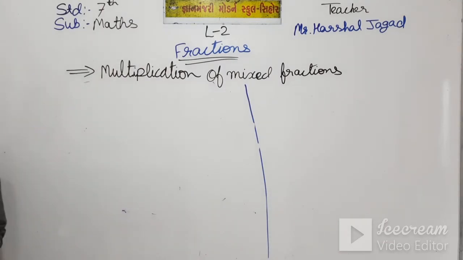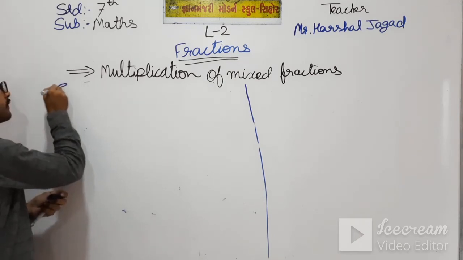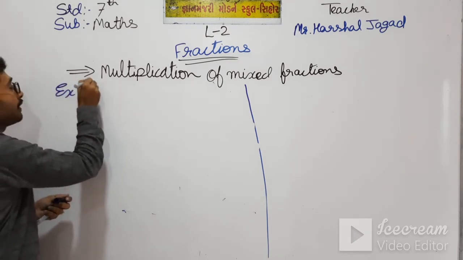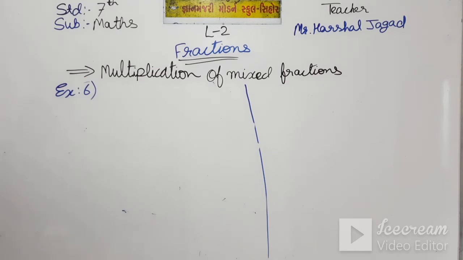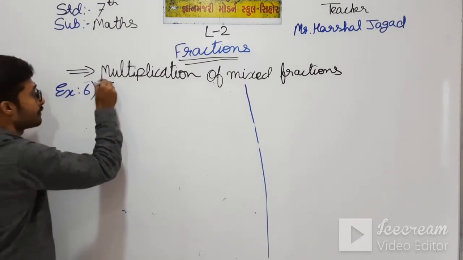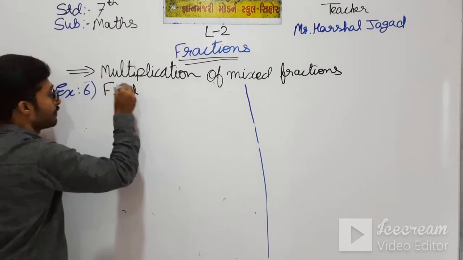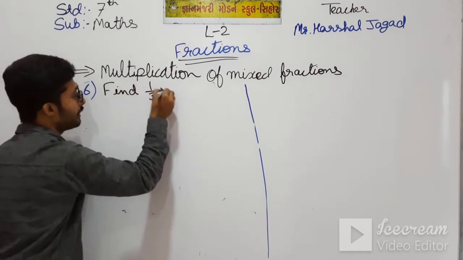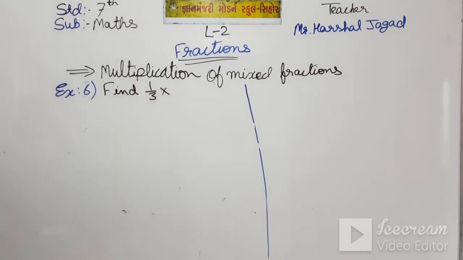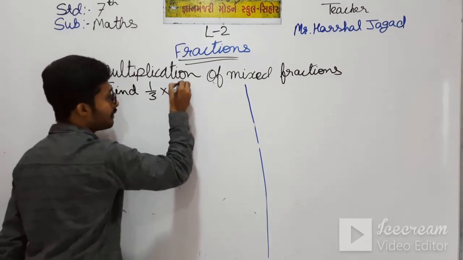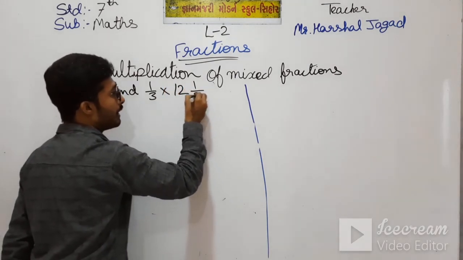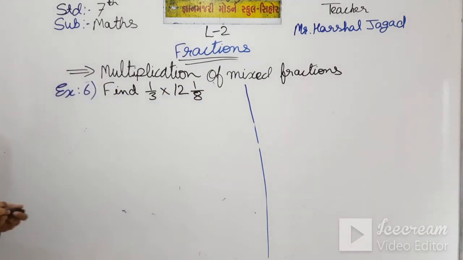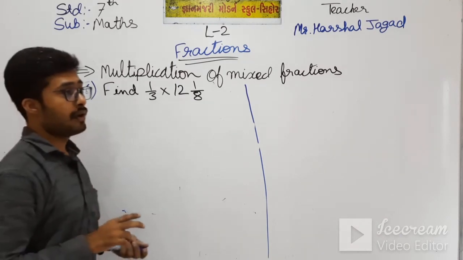The example number 6, the question is find 1 by 3 into 12 by 1 by 8. Okay students, so first of all method number 1.